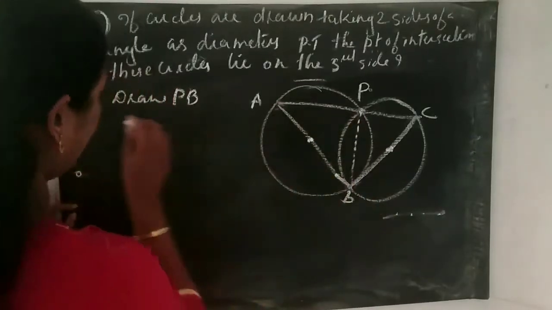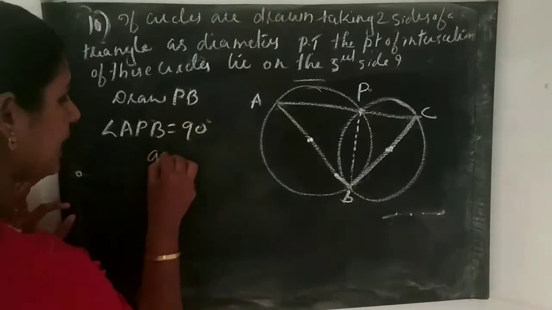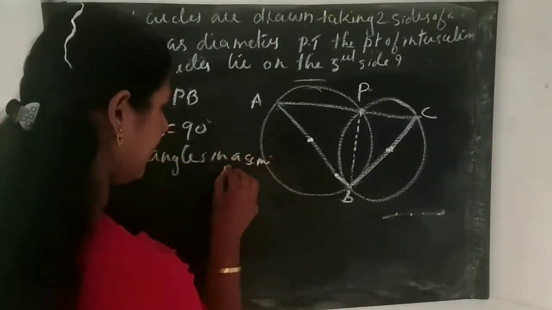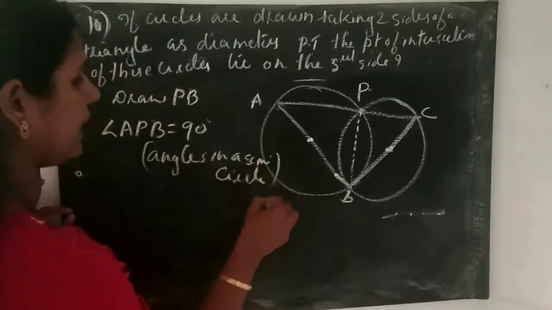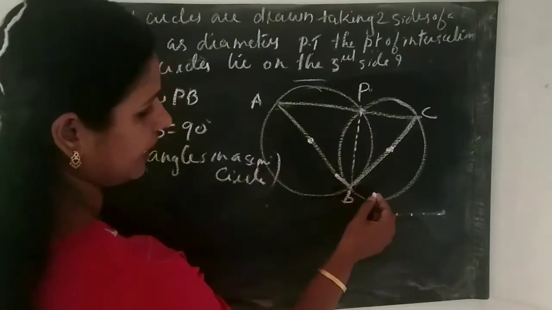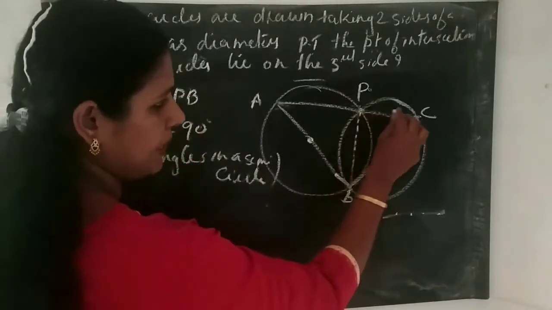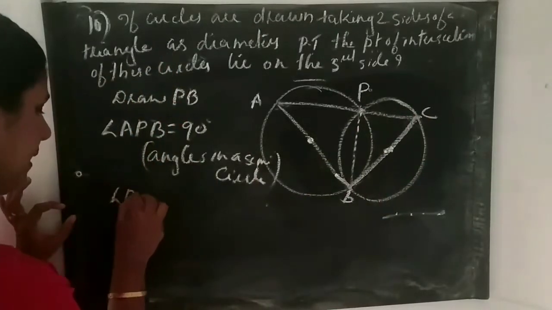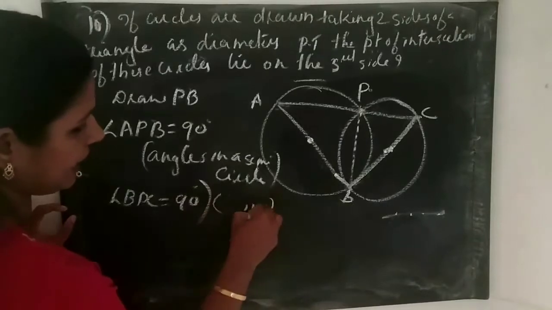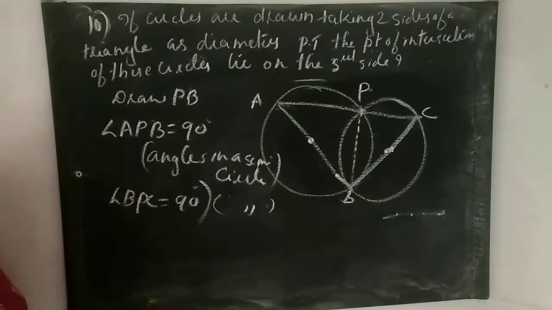Angle APB is 90 degrees, because angles in a semicircle are 90 degrees. Similarly, this is the diameter of the other circle, and angle BPC is also 90 degrees because of angles in a semicircle.